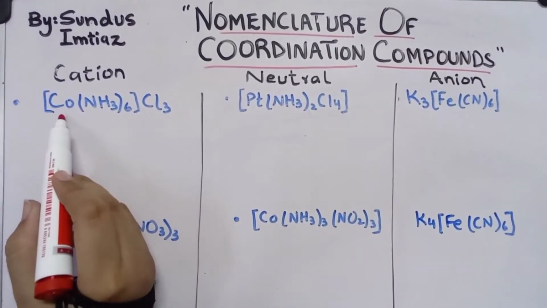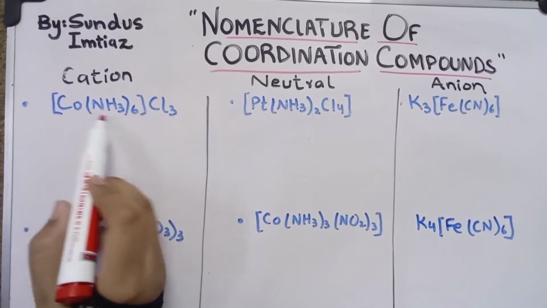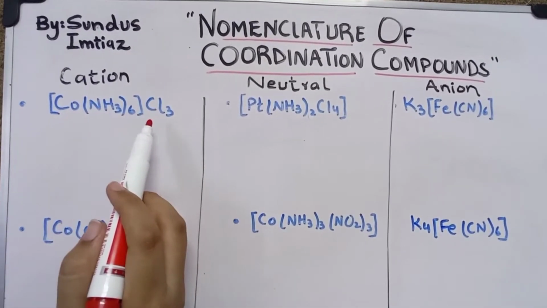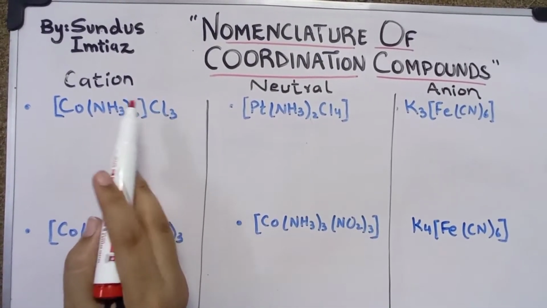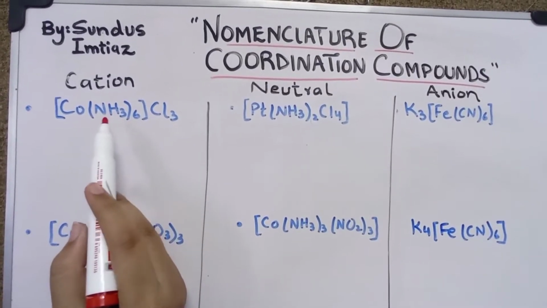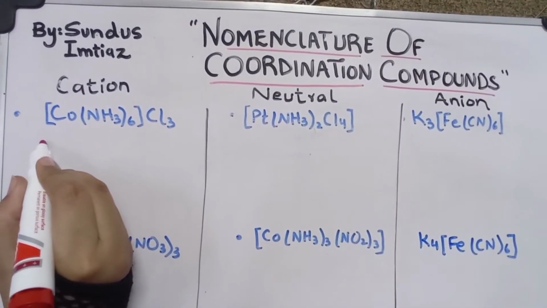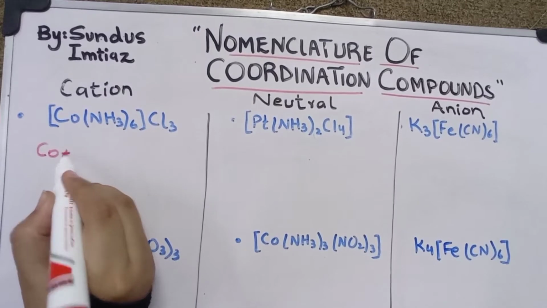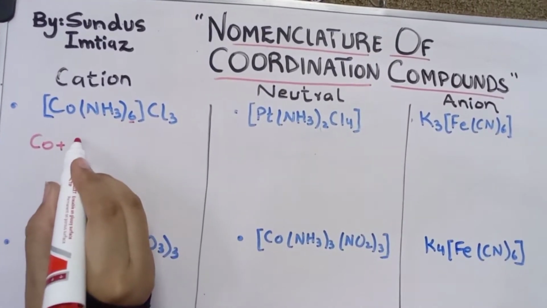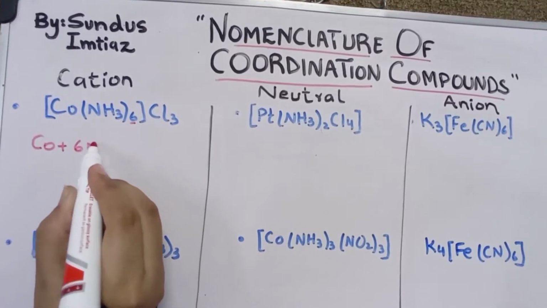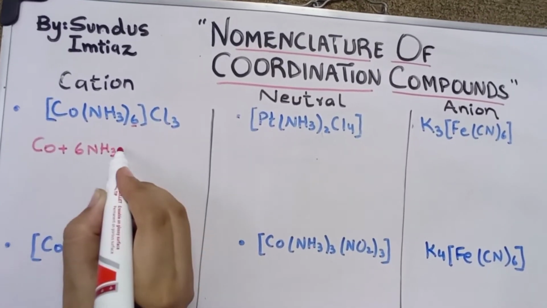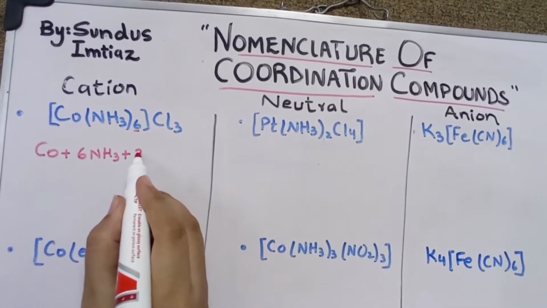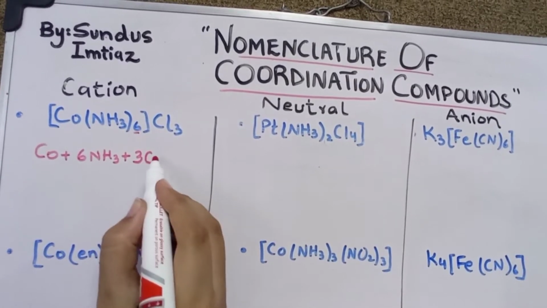Students, as you can see here, I have written cobalt, amine and chloride. So you have to know the charges on them. Chloride has a negative charge, amine is neutral, meaning 0. So let's start writing with the cobalt, Co plus 6 NH3, plus 3 Cl.